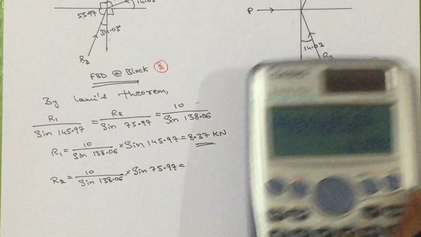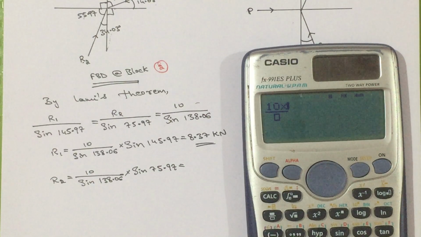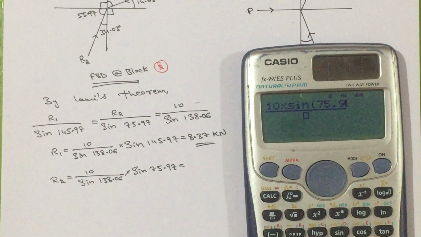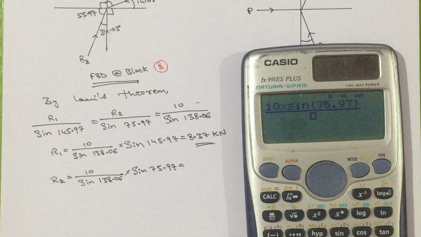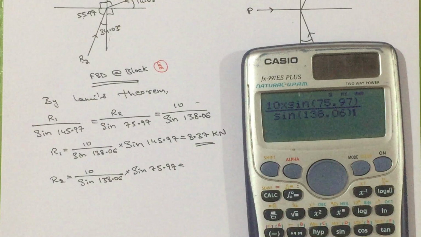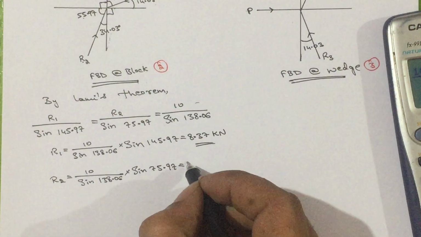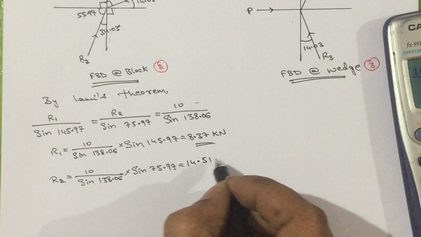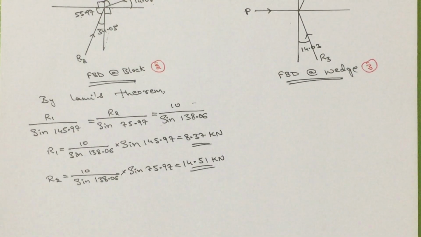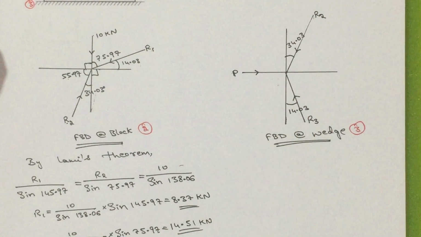You are going to get the value as 10 multiplied by sine of 75.97 divided by sine of 138.06, which is 14.51 kilonewton. Once we solve this problem, then we will move on to the next one.